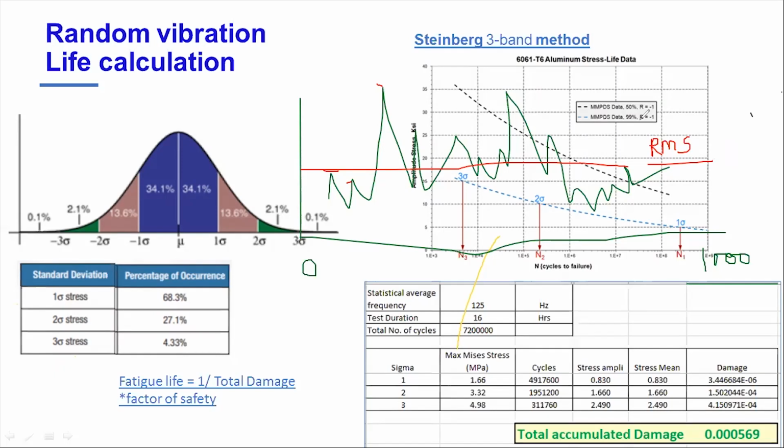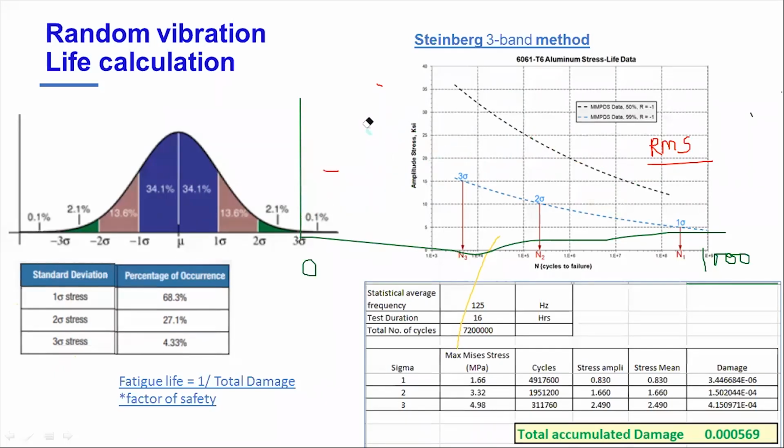Now, one thing you can do is take this root mean square and check it against your endurance limit. Obviously, because this is vibration, this is high cycle fatigue, because it has a large number of cycles and the load ranges are very small.